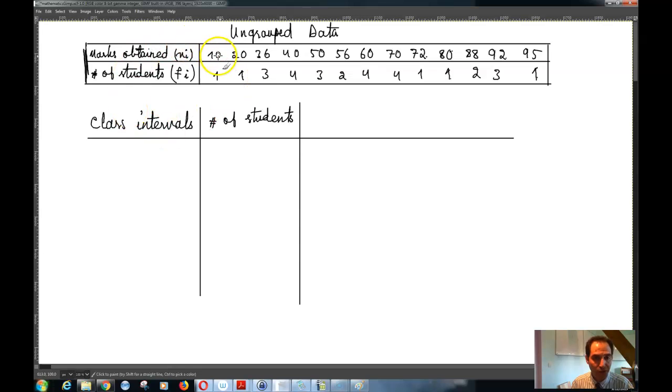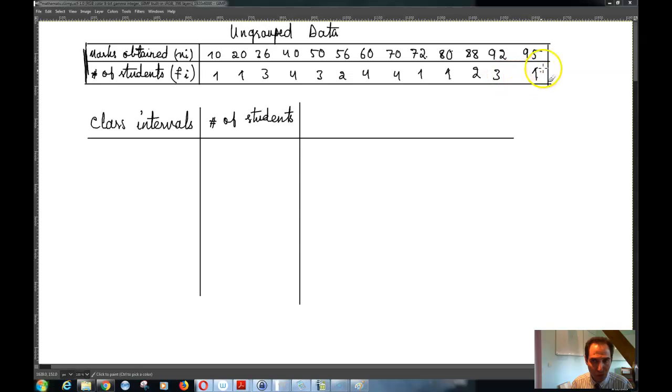Meaning that if I make the width of my class interval from 10 to 95, I would have only one class interval, and I would add all of these numbers together and write it as the frequency of that one single class. That way I will lose all of the individual marks in that class interval.